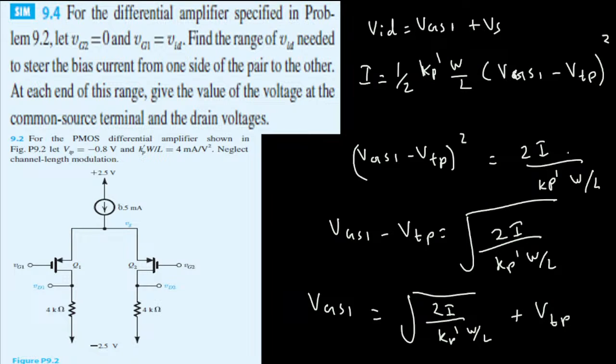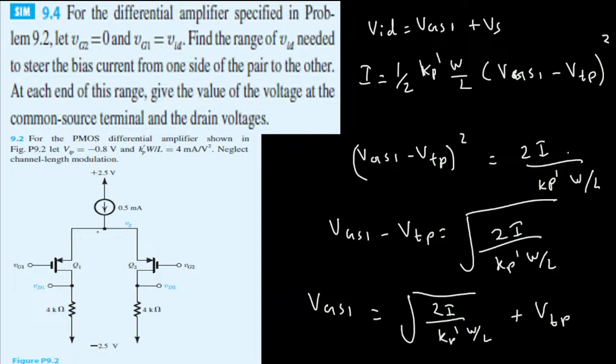But let's say you have equal current flowing through this, 0.25 going through this, 0.25 going through this. In that case the VID is going to be 0 because VG2 is 0, and if the current flows equally, then the gate voltage should be equal. So VG1 also 0, and VG1 is equal to VID, therefore VID also 0. Okay, you can use that.